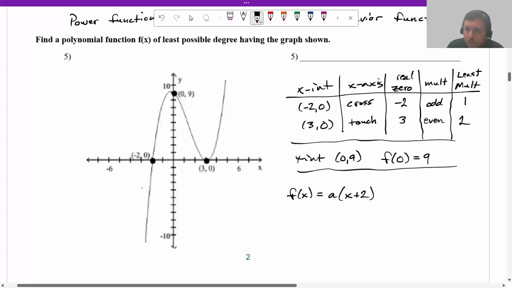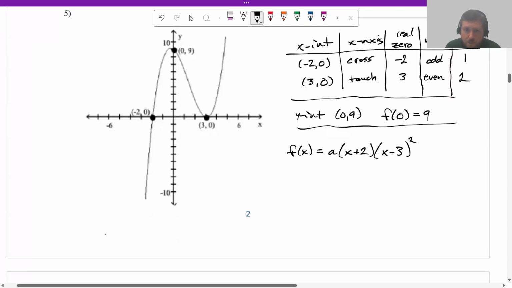And then we said it was odd multiplicity, and we're going to give it an exponent of 1. So I'll just leave it as is. And then we have a 0 at +3, so that's x minus 3. And then we said it was an even multiplicity, and we're going to pick the smallest even number we can use, which is 2. So far so good.